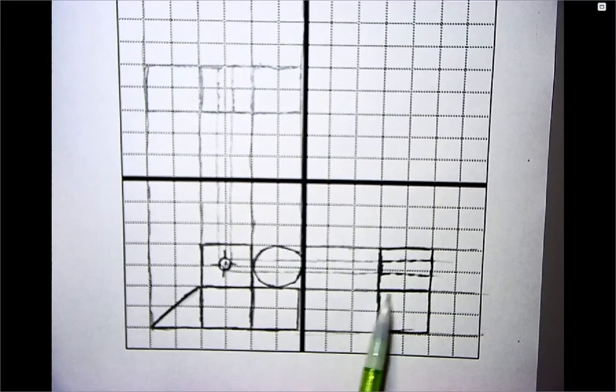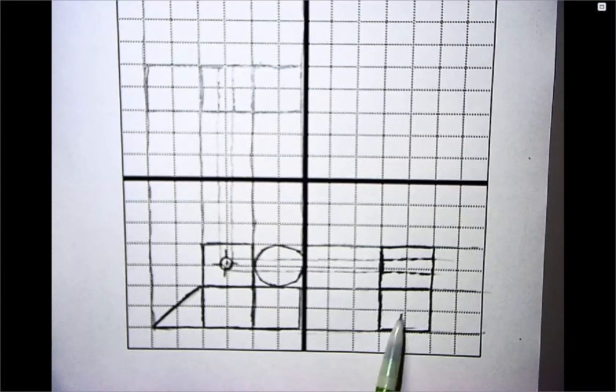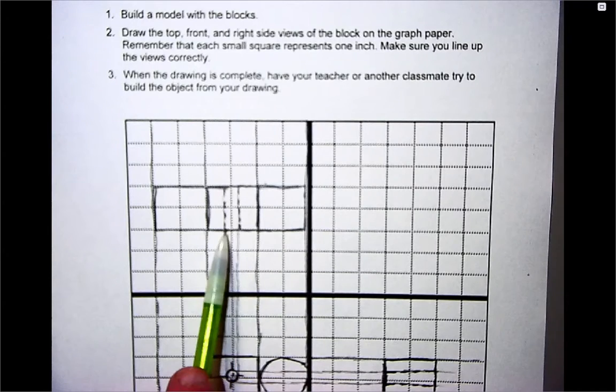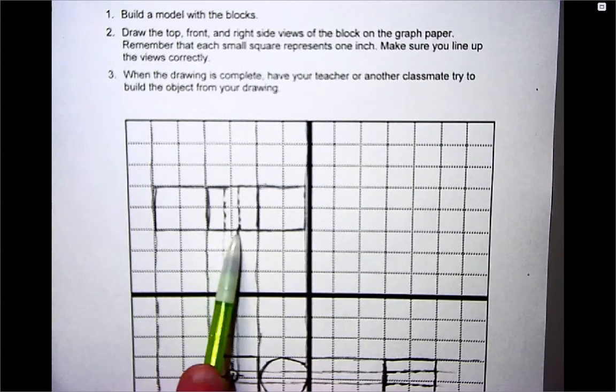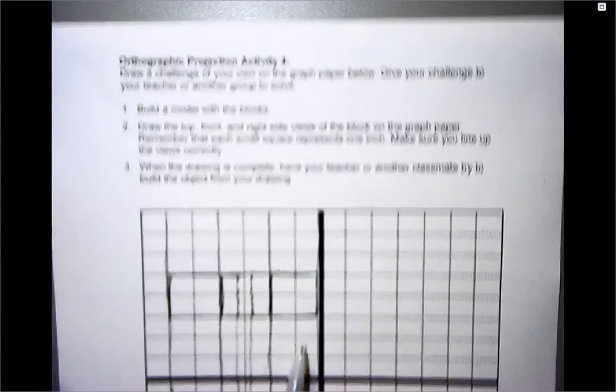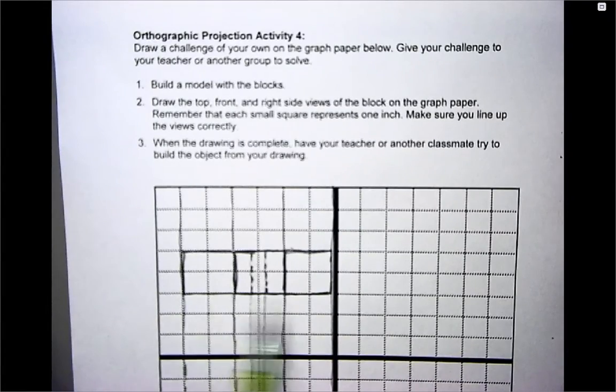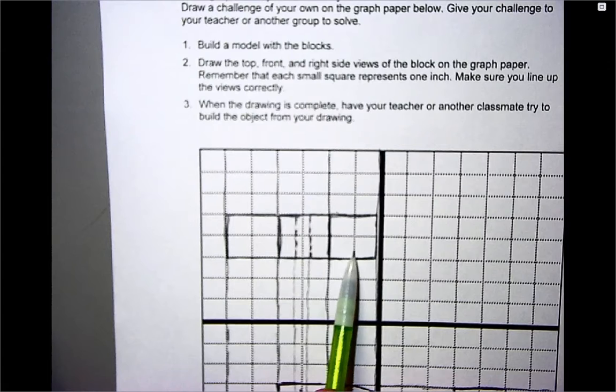I have two blocks that are behind each other with a wedge on the end represented here, and we can only tell that when we look at this drawing. And then in the top view, we have our block with the hole with the dashed hidden lines. And then I have my two rectangles representing the wedge shape and the cylinder that's sitting on top of another cube.